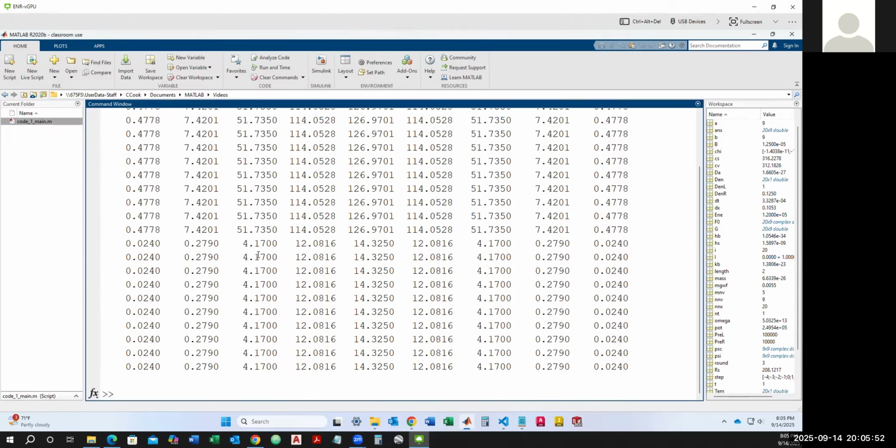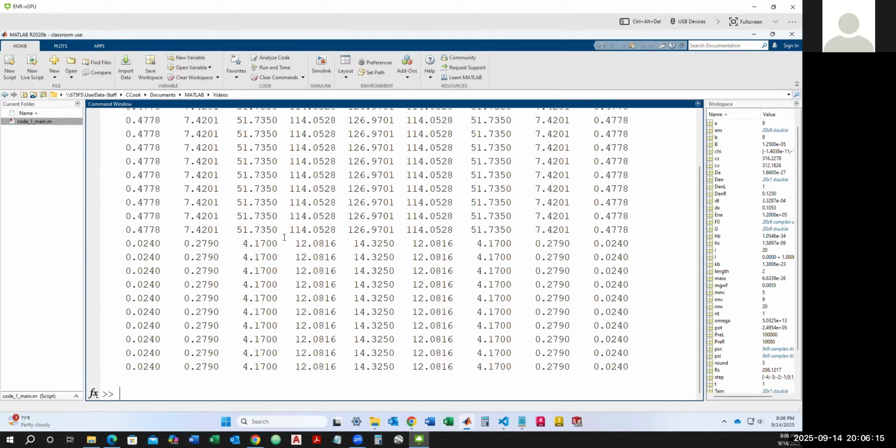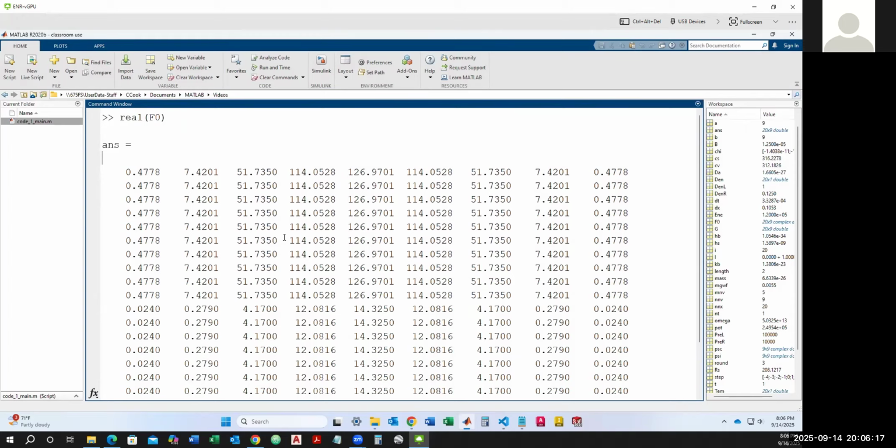That's a bit of a mouthful, but this is our middle node. It should peak, right? It's a Gaussian. It should peak here. Then it should be symmetric because there is no velocity right now, so it should be symmetric on the left and right side. So this looks good.